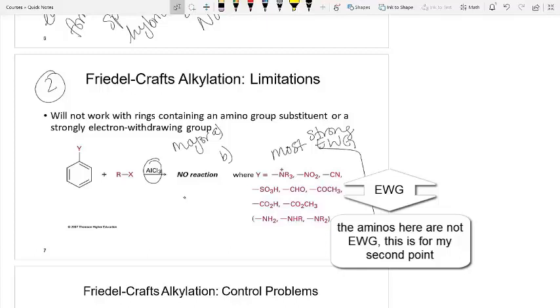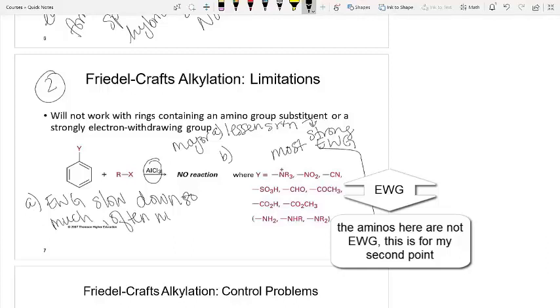Alkylation is already difficult as it is, and so these strong electron withdrawing groups lessen the reaction's ability to happen, and so we don't get very much product. Later on we'll talk about how electron withdrawing groups slow down the reaction. The word for it is deactivate. And so very often you're not going to get a usable reaction.